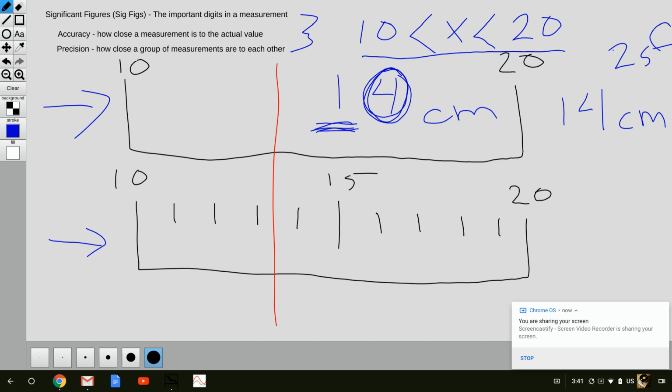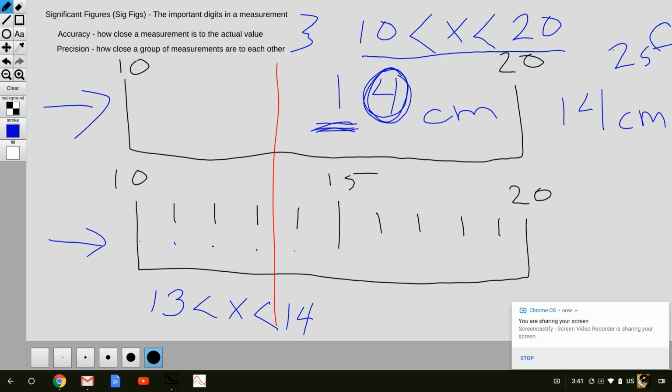Now, if we look at the one at the bottom, what do I know for certain? Because it is marked to more places, I know things for certain better than I did before. Here's 10, 11, 12, 13, 14. It's between 13 and 14. So I have more certainty of what that number is.